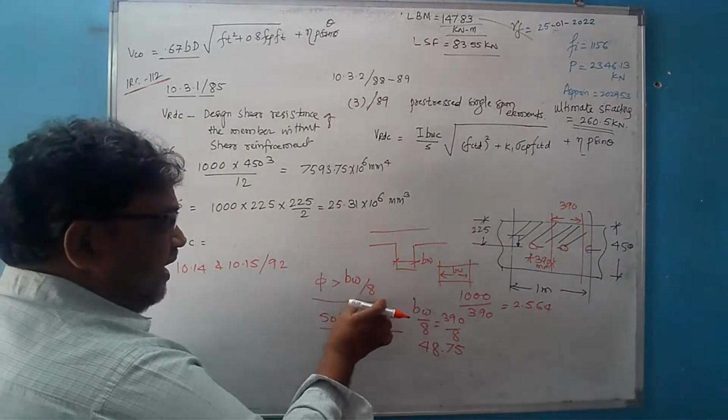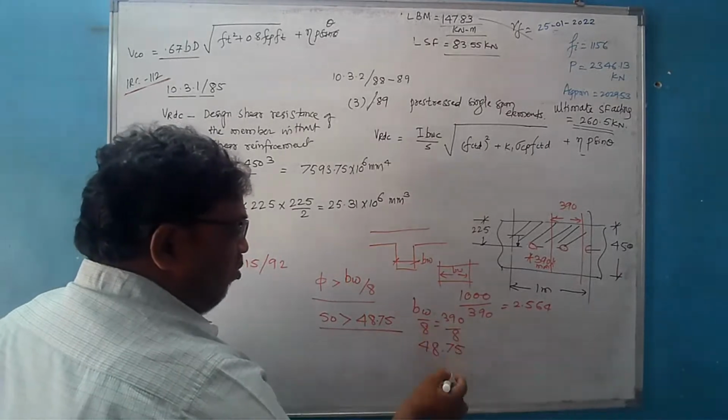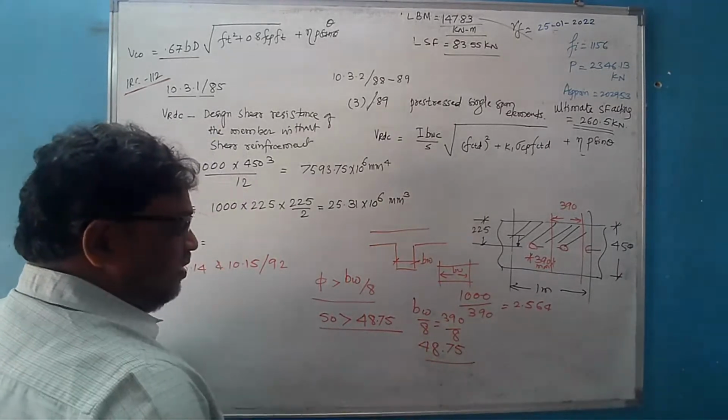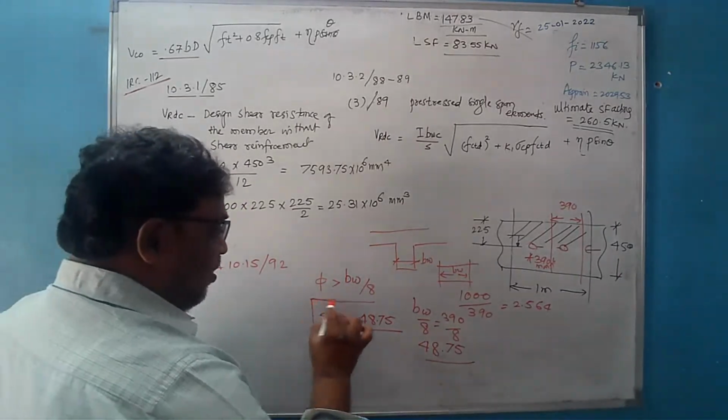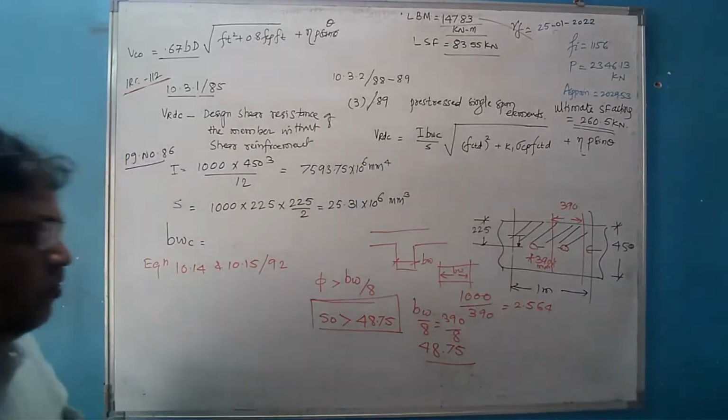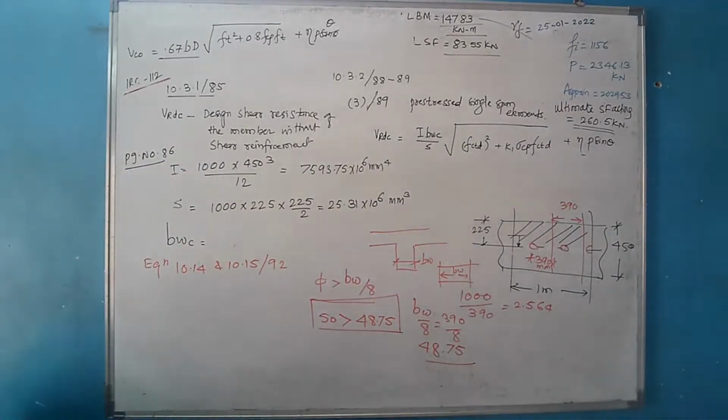So it is 390 divided by 8 and I have got that is equal to 48.75 and the diameter of the duct is 50. थोड़ा ज्यादा आ गया है। अगर नहीं आता तो in that case we need not to consider any deduction. But here as I am getting the diameter of the duct more than BW/8, then I have to make the deductions.